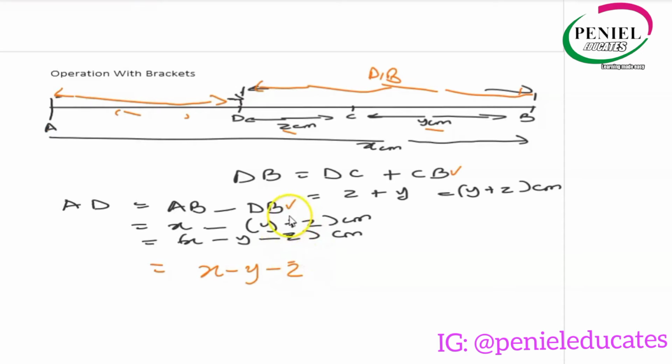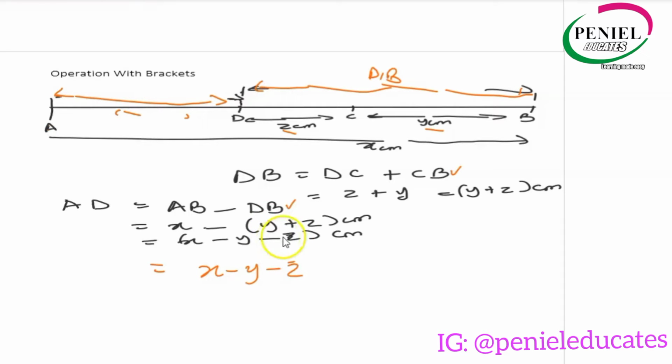The sign has changed. So what it means is that a negative sign before a bracket changes the signs inside the bracket.